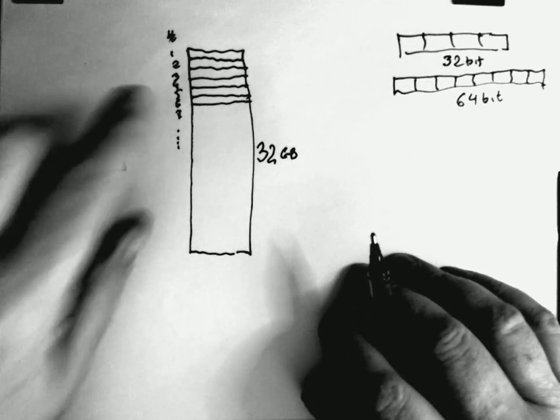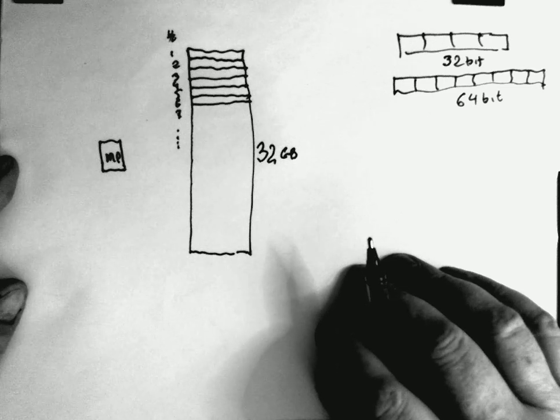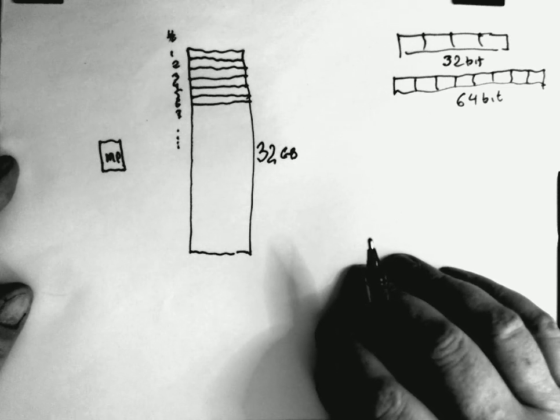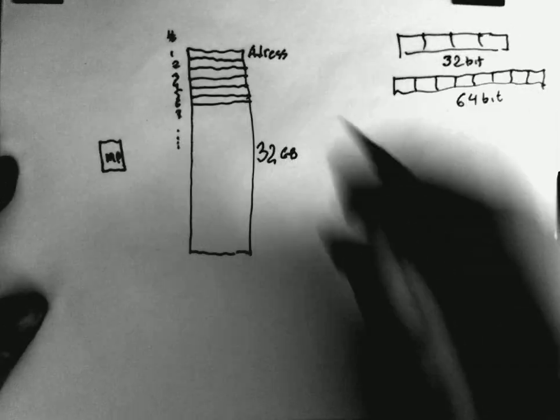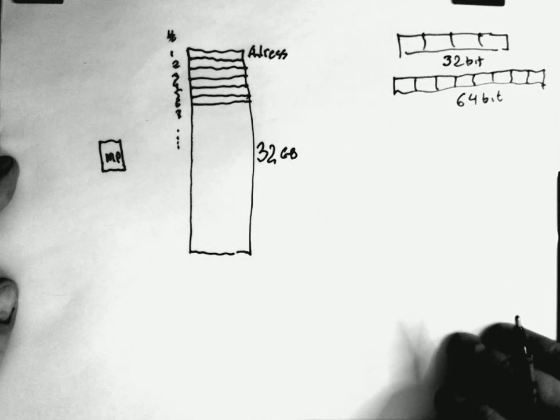These numbers must be converted to binary code, and the binary numbers for the cells are named addresses. So every cell has its own address.